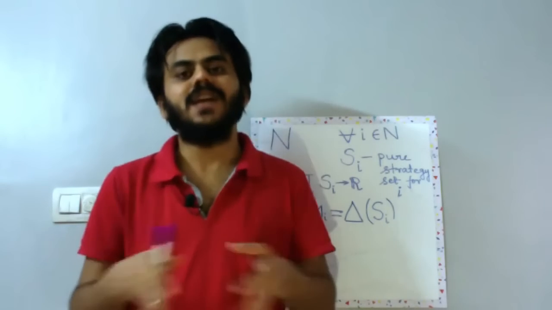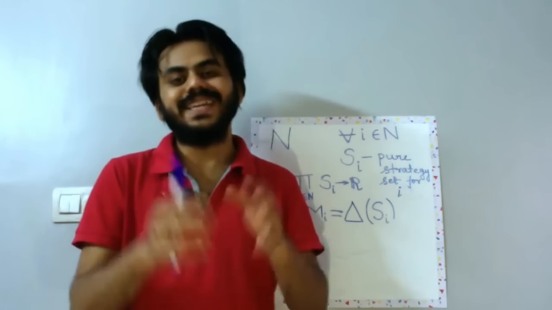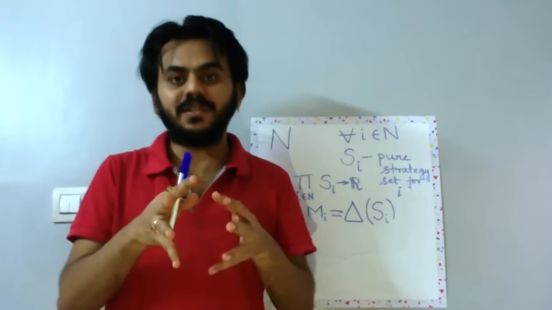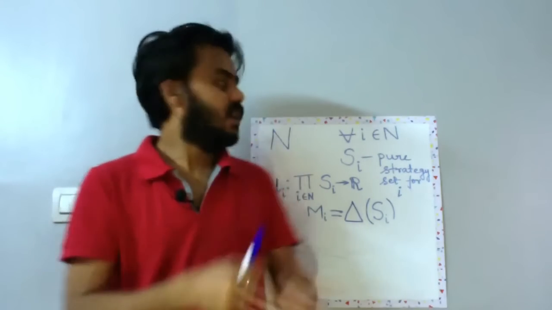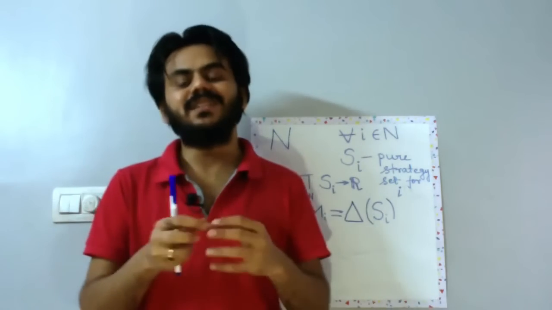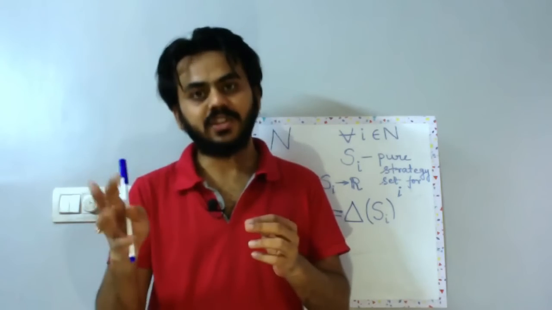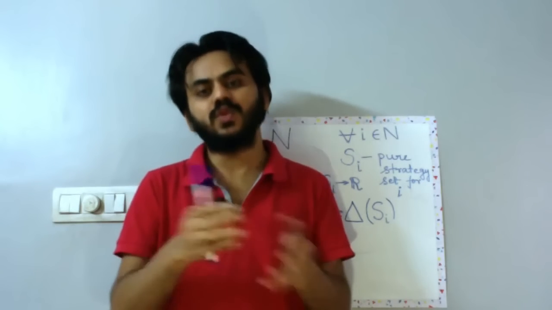Delta over S_i, as we've already covered in the first part of our video, is the motivation behind probabilistic strategy, that I'm giving probabilities to all my pure strategies. So if my S_i was a set containing 3 actions, I'll give probabilities to all those 3 actions, and if S_i has 2 actions, I'll give probabilities to those 2 actions.